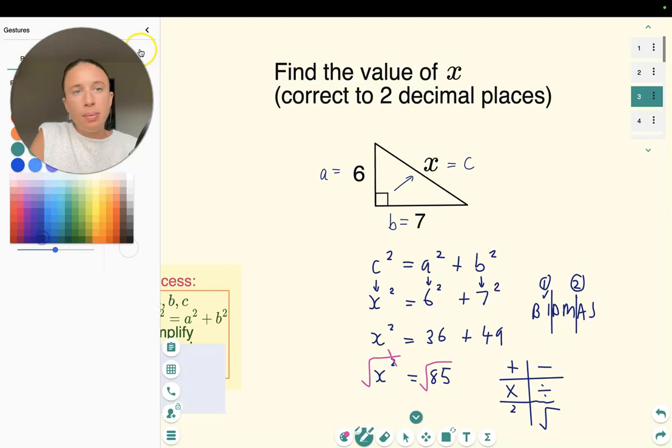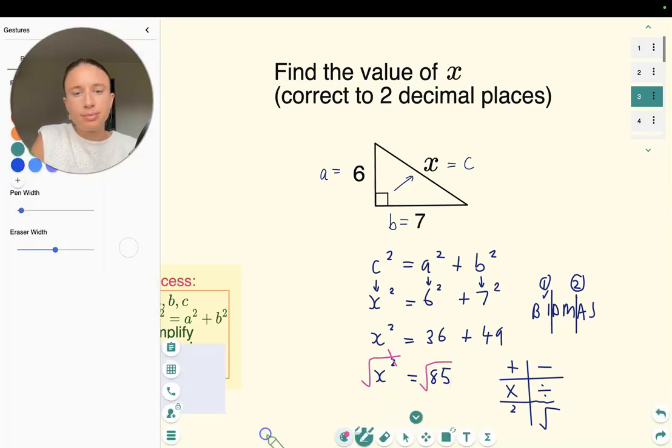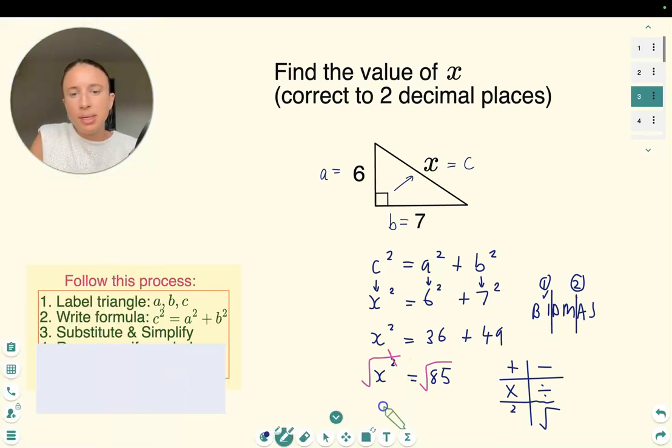Let me get that color back. So we're going to be left with x, and they want our answer correct to 2 decimal places.